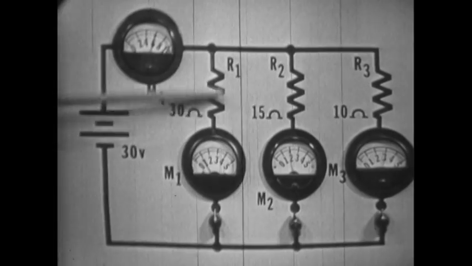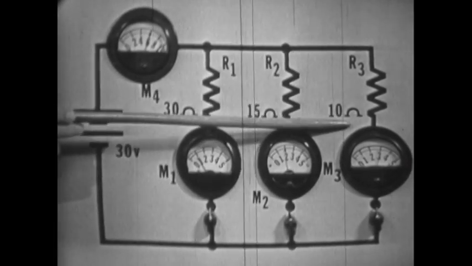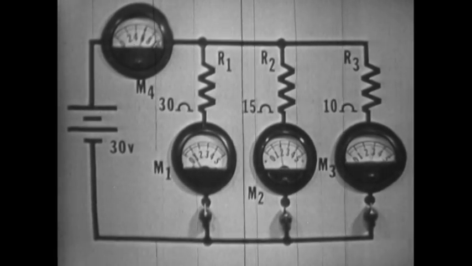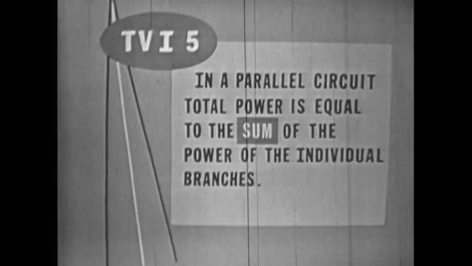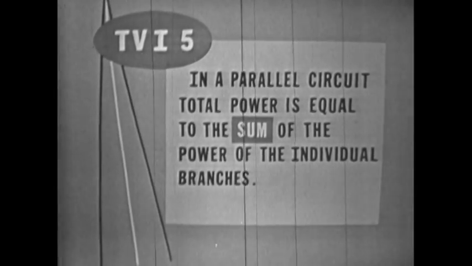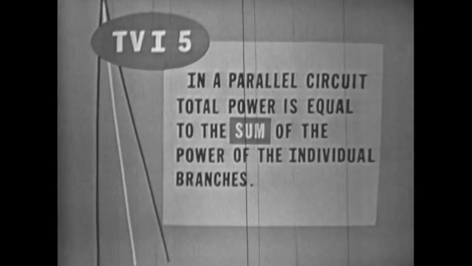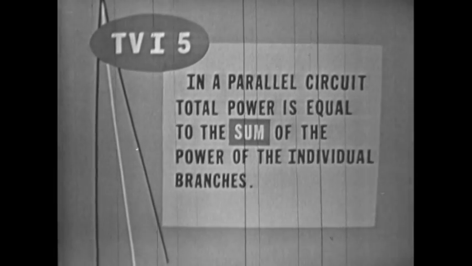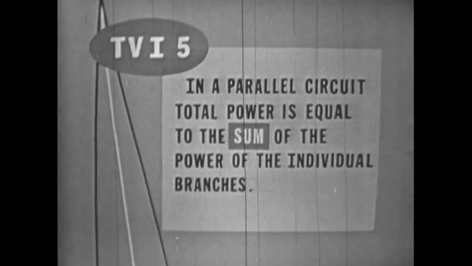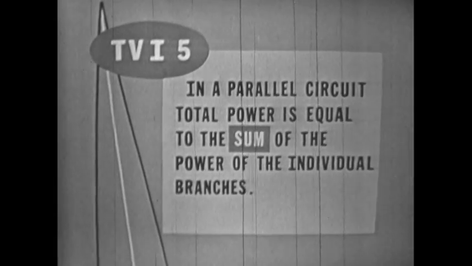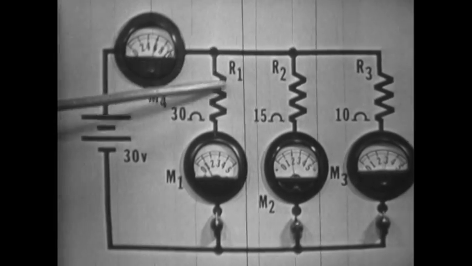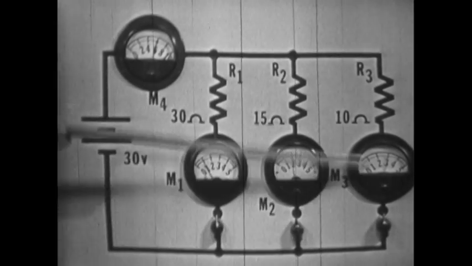We've determined the power dissipated by the individual branches. But how can we find the total power dissipated? In a parallel circuit, total power is equal to the sum of the power of the individual branches. In this circuit, then, we simply add the power dissipated by all 3 branches.